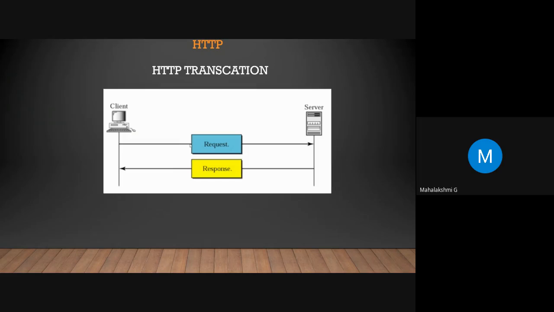Whenever the client sends a request, a transaction will be initialized, and whenever the server replies, the transaction will be completed. So this is why we call it a stateless protocol or stateless entity. So the client is going to send the request. At that time, the transaction is initiated. After this, the server is going to send the document as its response.